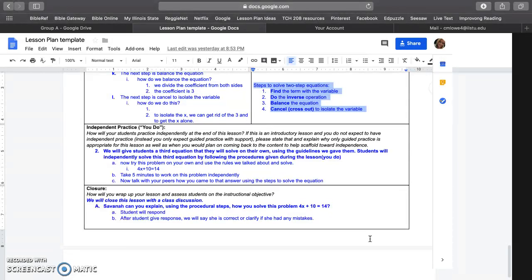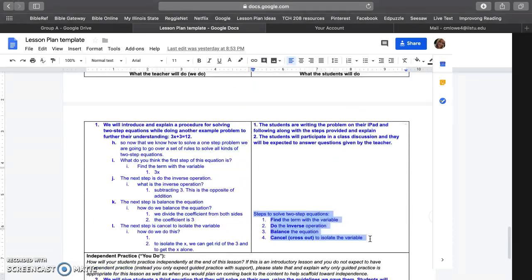And really at this part, we want to ask Savannah if she can explain how she used the steps and what she did to get to her answer, because this ties back into her goal to be able to explain and justify her answers with only 2 probing questions. And this will help her work on being able to talk in front of her peers and explain in front of people, because that is something she struggles with, and she's also very introverted. So this is where we really want her to be able to explain her process and thinking through it.